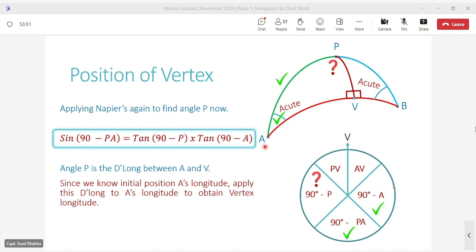Since we know the initial position of the ship, we know the longitude of position A. When we apply this d long to the longitude of A, it gives us the longitude of the vertex. So latitude and longitude of the vertex have been found out by applying Napier's rule. Two applications of Napier's rule give us the position of the vertex. This is how the vertex position is obtained.